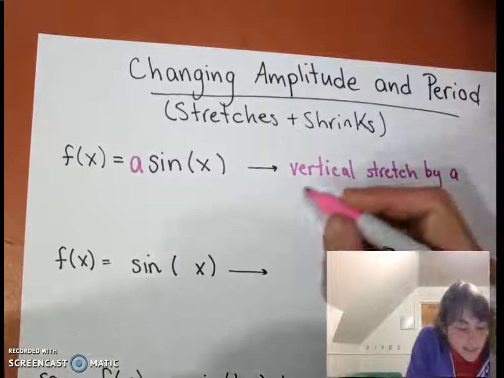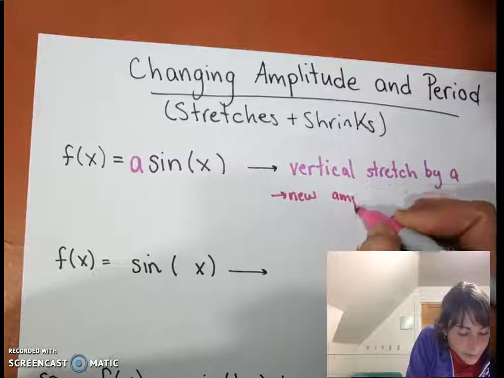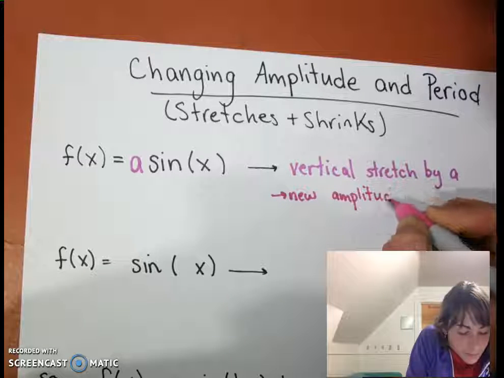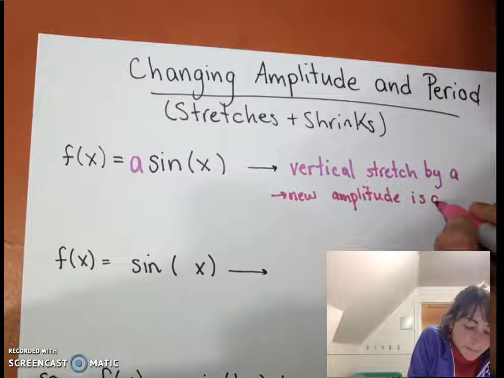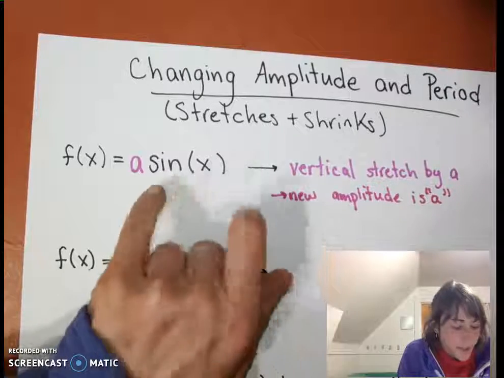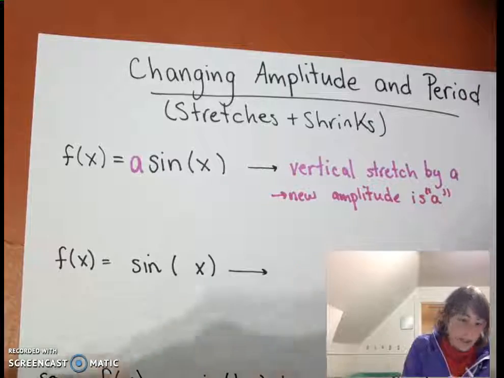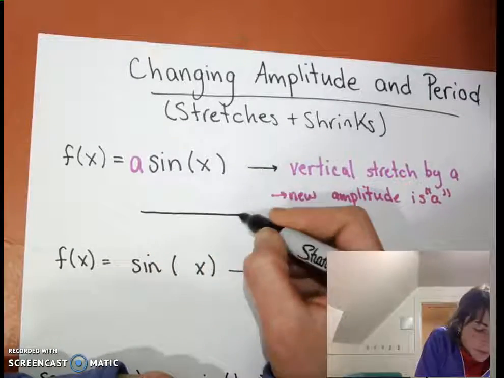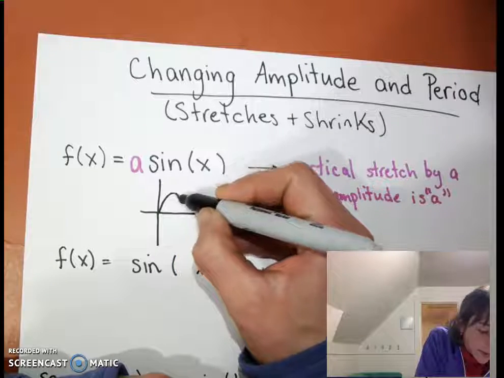So what this means is we get a new amplitude, and that new amplitude is going to be a, because we just took sine and multiplied it by a. So here's what the picture looks like, just as a recap. Quick sketch. So sine, we know, starts out going up.